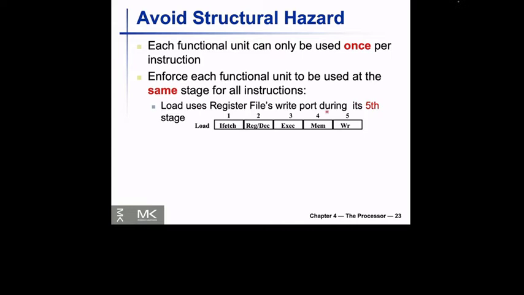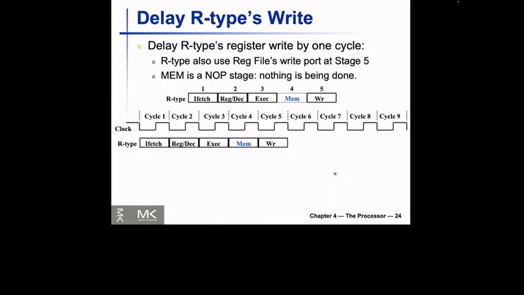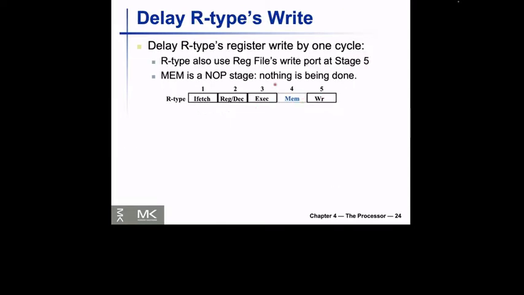Of course the load instruction needs to use the entire 5 stages. But the R-type instruction, although originally it did the write back at the 4th stage, now we force the R-type instruction to also go through the memory access stage.